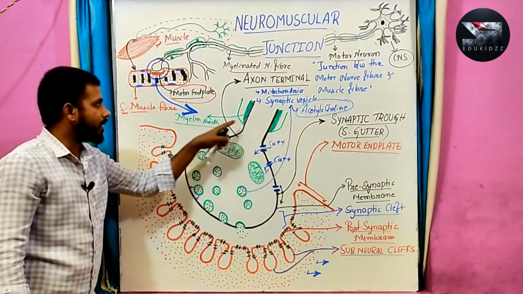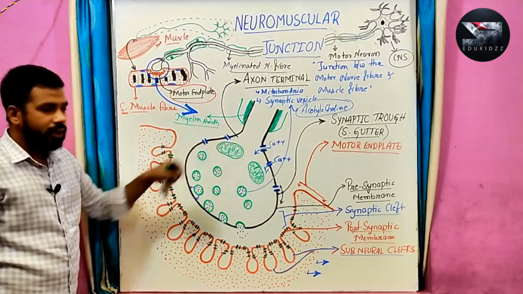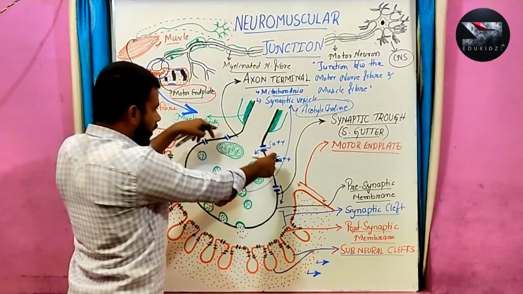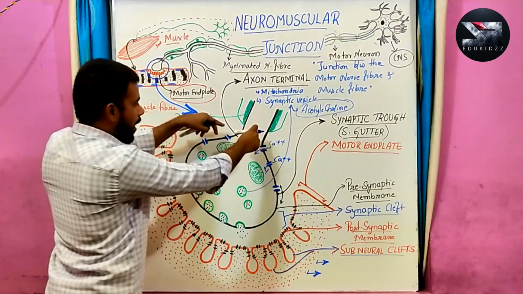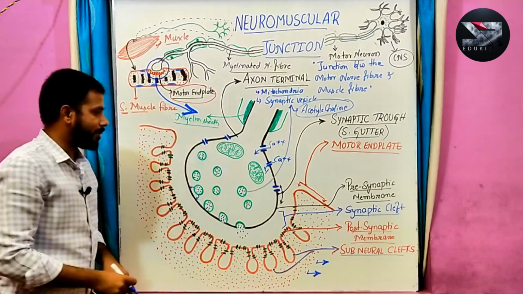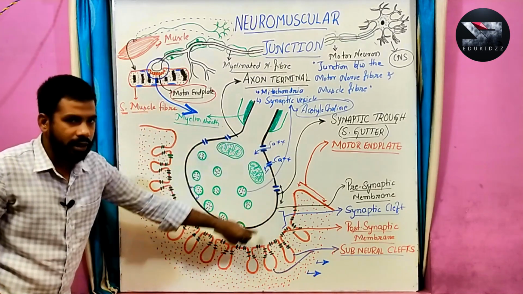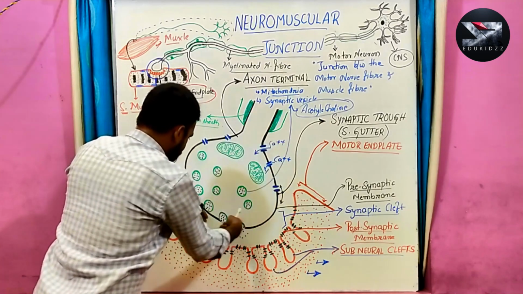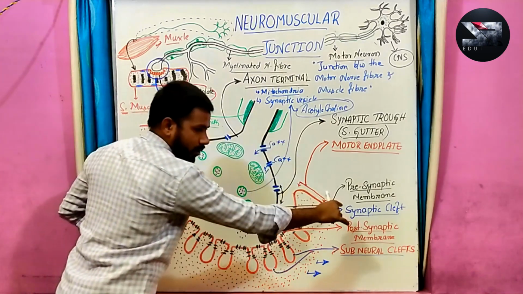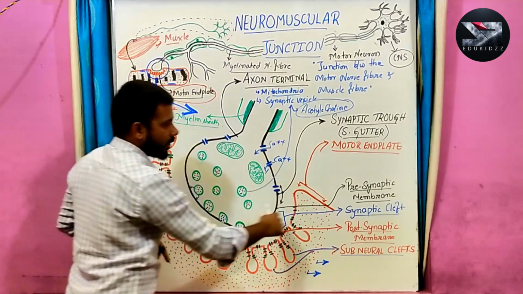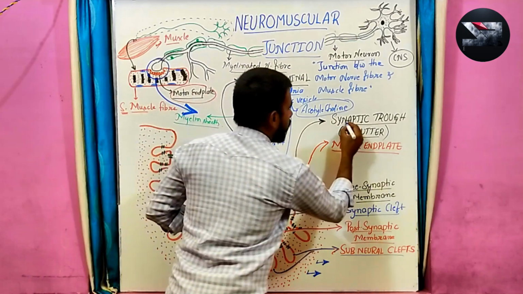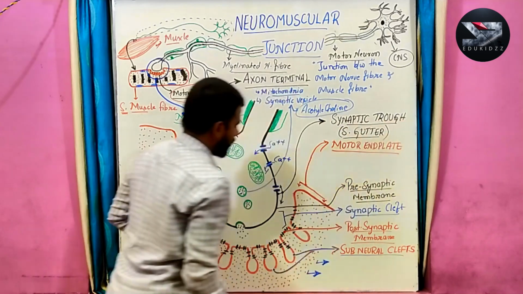This is how the axon terminal looks. Here the synaptic knob, which we can also call the synaptic end bulb, invaginates into the muscle fiber, and this invaginated area is called the synaptic trough or synaptic gutter.